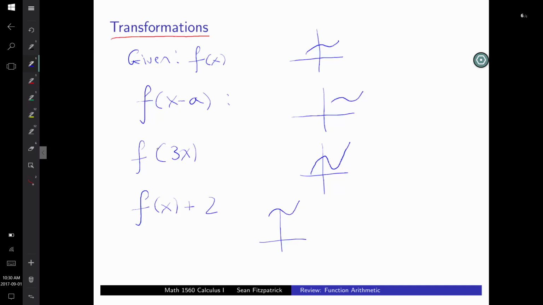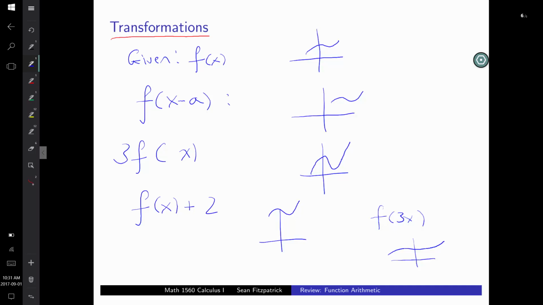You could also, oh, I've lied, haven't I? Did anyone catch my lie? This is a vertical stretch. I should have the 3 outside. Not the same thing, by the way, as f of 3x. That's a horizontal stretch. Alright, I haven't finished my coffee yet this morning. F of 3x would look more like that. Okay, stretched horizontally rather than vertically.